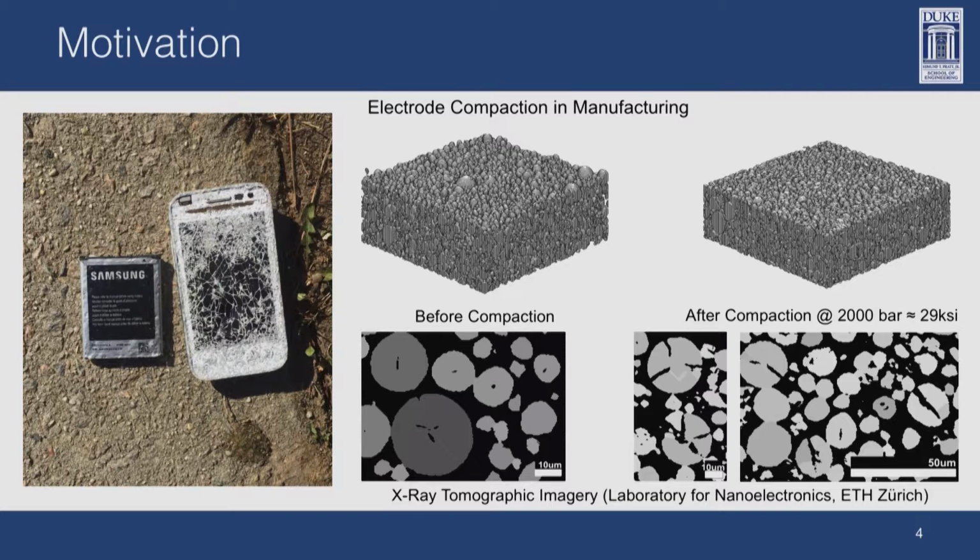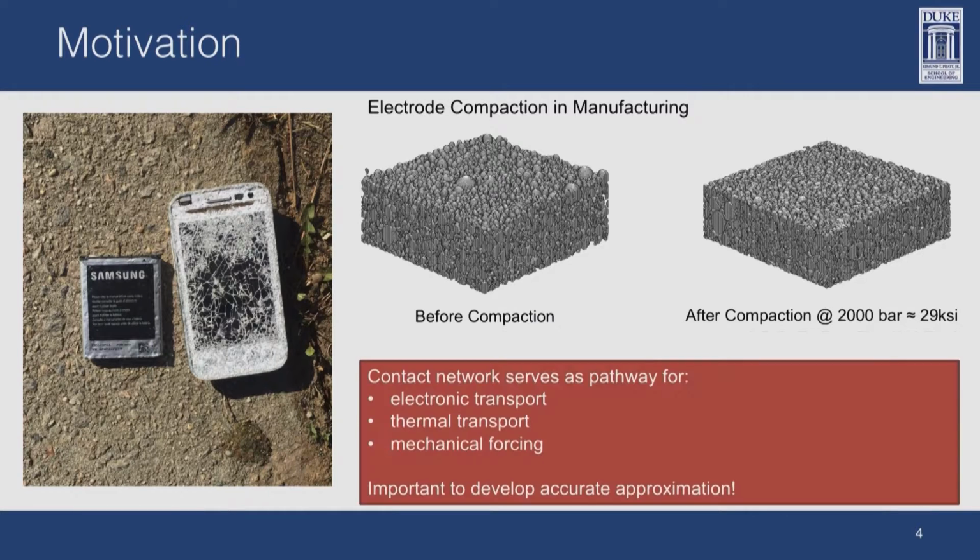During this compaction process, using X-ray tomography imagery, we can see that before compaction, some of these active material particles have voids or flaws in the centers of them. After compaction, many of these larger particles especially have split apart. The impact of this particle fracture is that it can change the electrical properties of the battery.